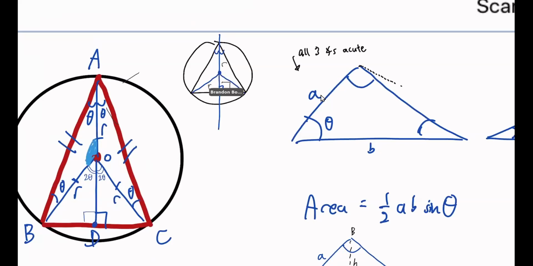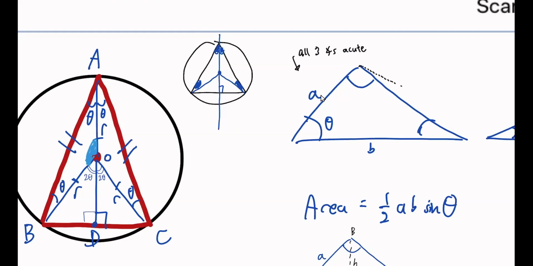More importantly is this one, which means this angle and this angle are the same. These three angles are the same. By symmetry, I think you can also tell this angle will be the same, right? It's also another isosceles triangle. Yes, pi minus 2 theta.